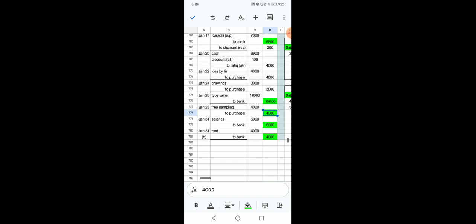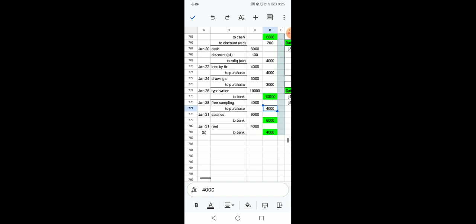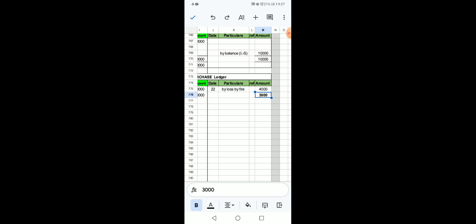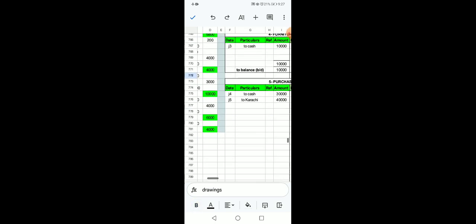Okay, it was actually January, which date entry? January 22. This was January 22, purchase 4,000, mark it as done. Next entry, January 24, again purchase is present, 3,000 is credited. So go to the credit side and write down 3,000. See what the reference of 3,000 is. What is written on the opposite side? Drawings. So you will be putting By Drawings in the particular column.